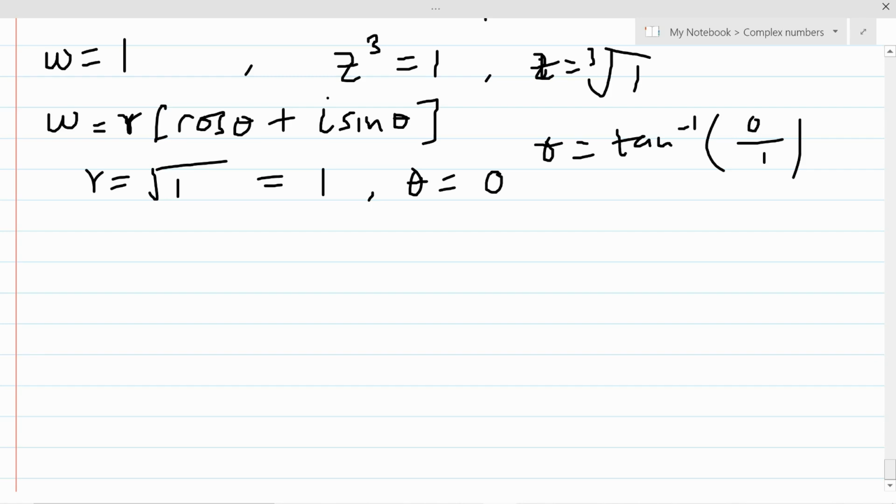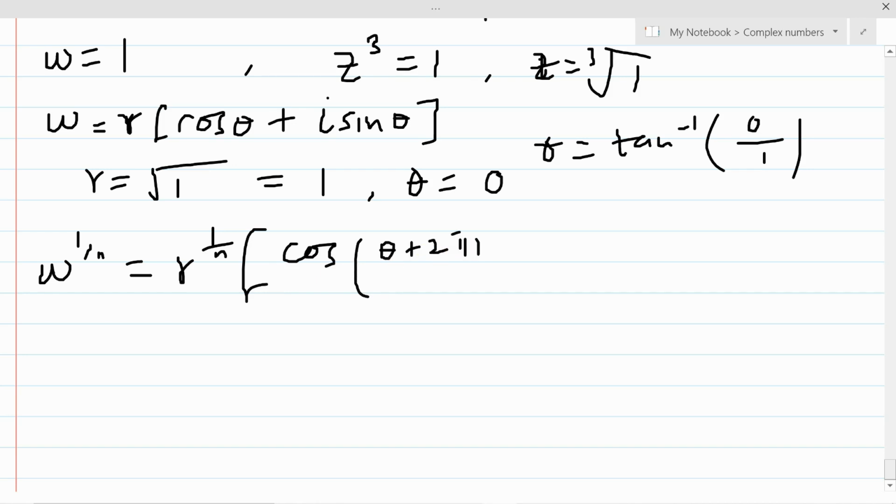We said if you have a complex number, say w, then the cube root or the nth root of w is equal to r to the power 1 over n, then into cos of (theta plus 2 pi k) all over n, plus i sine of (theta plus 2 pi k) over n.